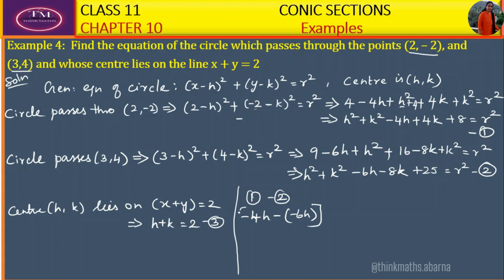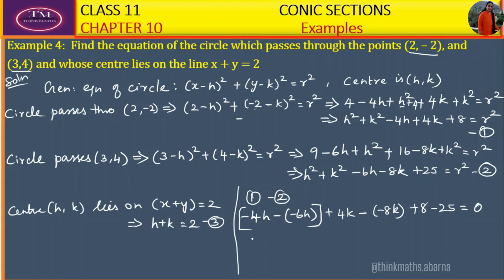This is the first one, and subtracting k: you have 4k minus, here it is minus 8k, and the constant here is 8. Here it is 25. As we are subtracting, we will have minus 25. And r square minus r square gets cancelled, so it will be 0.